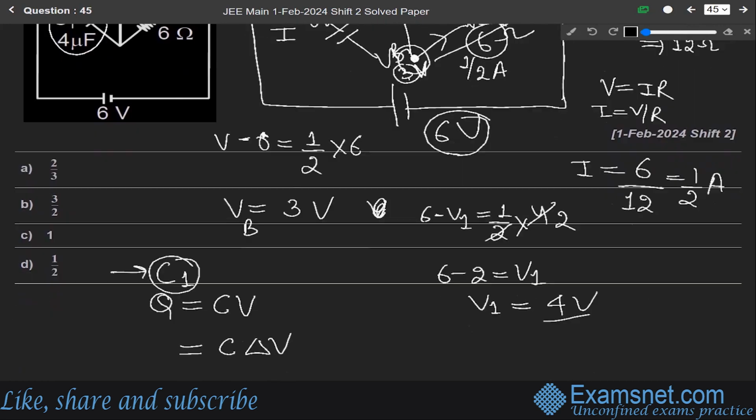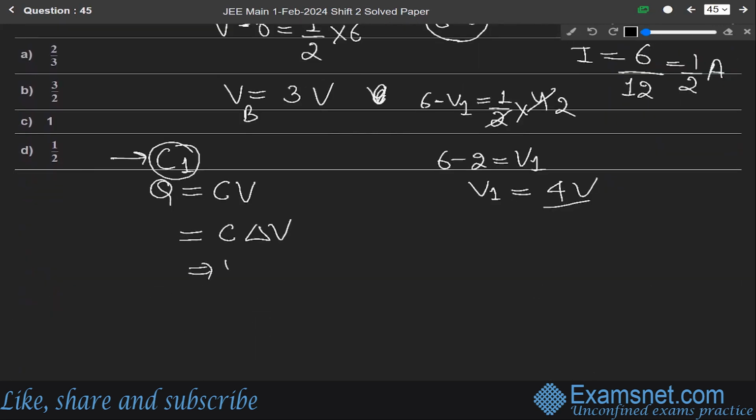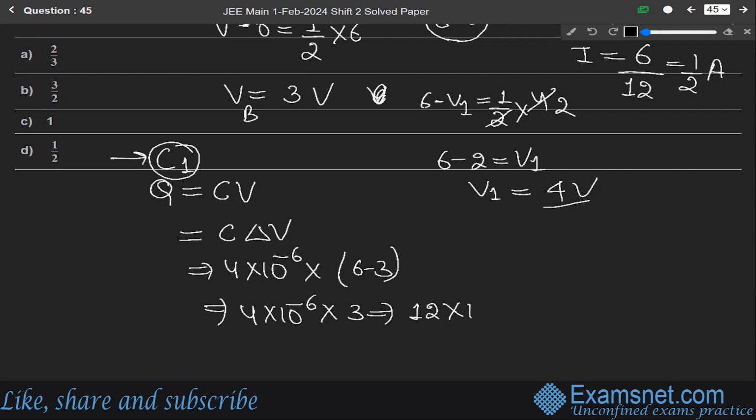So 4 into 10 to the power minus 6 into 6 minus 3, which equals 4 into 10 to the power minus 6 into 3. So it is 12 into 10 to the power minus 6.